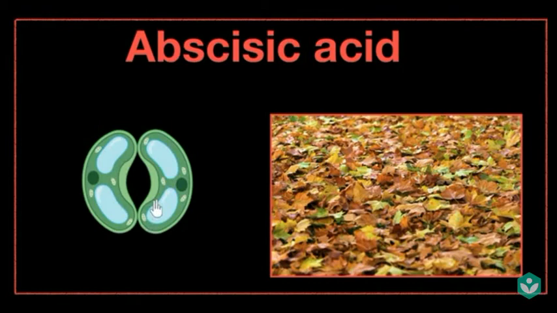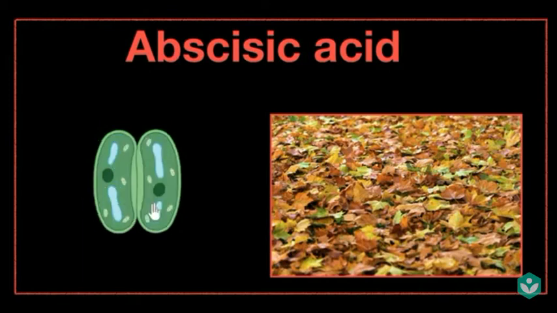This transpiration happens through the stomata. During drought condition or when not much water is present in the soil, the stomata should close, otherwise the plant will lose the water which is stored in the plant body. So abscisic acid is helping the plant to close the stomata.